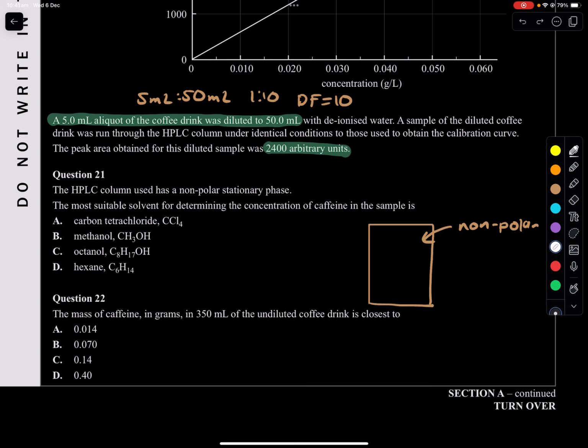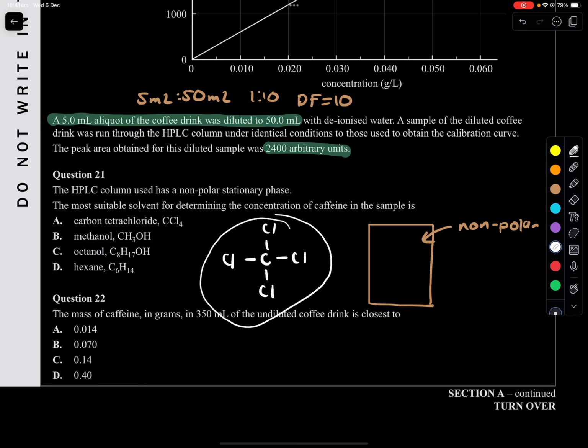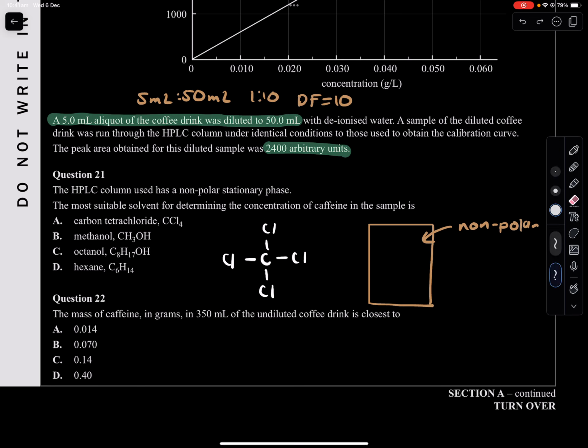Well, remember, we want it to be very polar. Let's look at the first one. So we have carbon tetrachloride. So if we draw carbon tetrachloride, this is symmetrical. Remember, by symmetry, if a molecule is symmetrical, it is non-polar. So that's not a good thing.